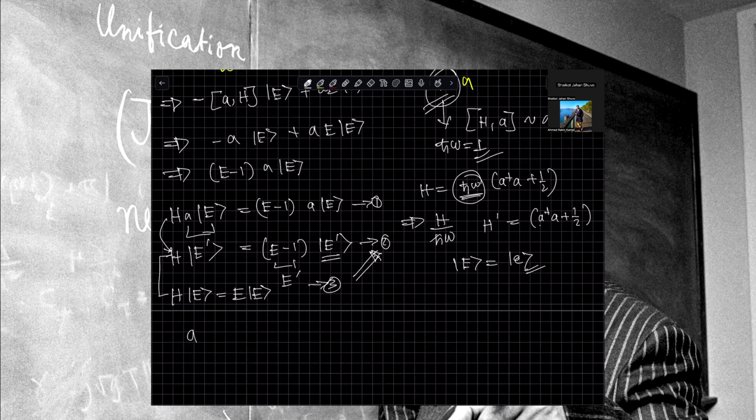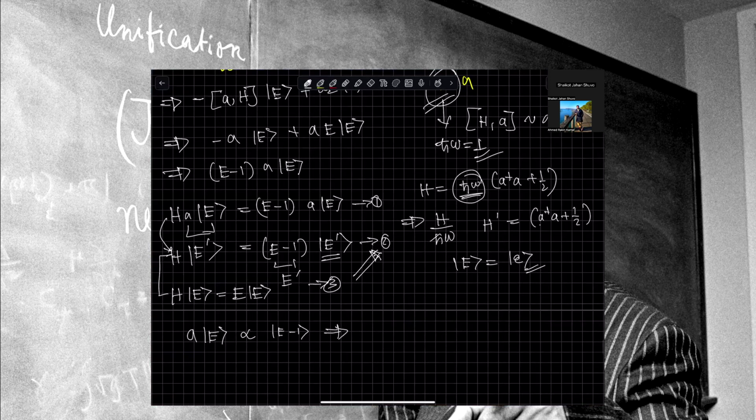I can then say there is some operation that works on this and really brings the state down by 1. That means if the state is in an energy level E, it goes down one step.